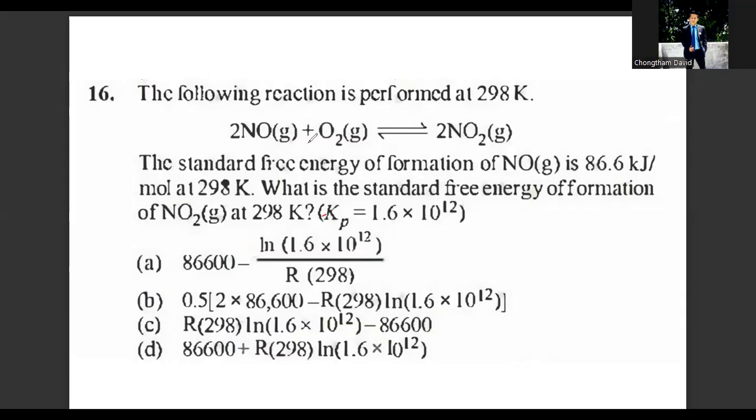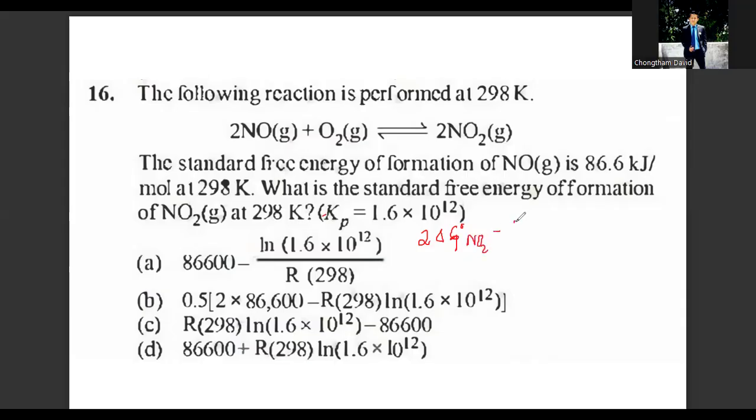So to find this question's answer, you have to subtract the values for these two given free energies. That is, whatever you have here, delta G naught. The stoichiometric coefficient is 2 for delta G naught of nitrogen dioxide. The reversal of this gives delta G naught multiplied 2 times.